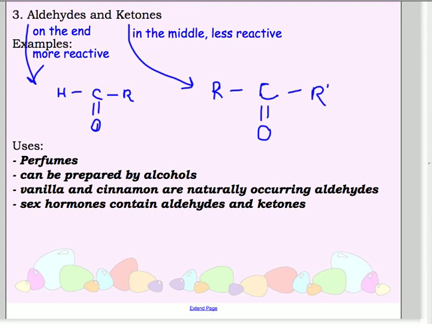Aldehydes and ketones have a lot of good smells to them. These are your spicy smells, so they're used extensively in perfumes. You can make them pretty easily from alcohols, very similarly to how we made the ethers. So if you like the way vanilla smells, or cinnamon, you like aldehydes and ketones. And if you like the way someone smells, your sex hormones are naturally occurring aldehydes and ketones.